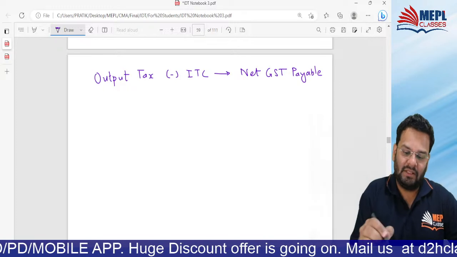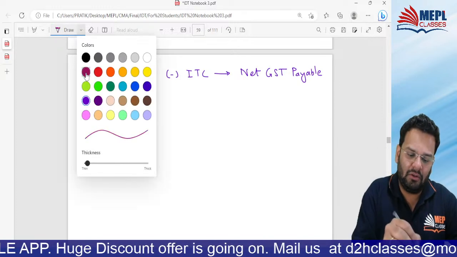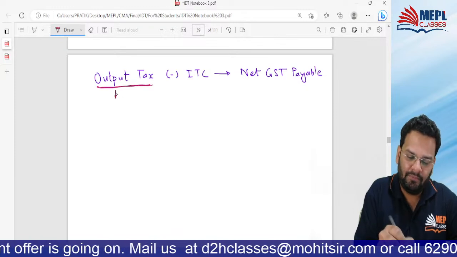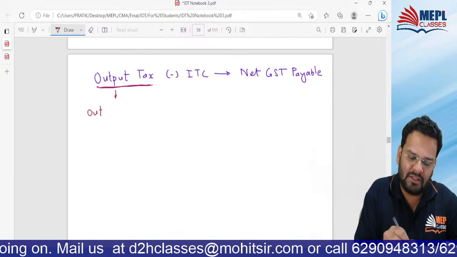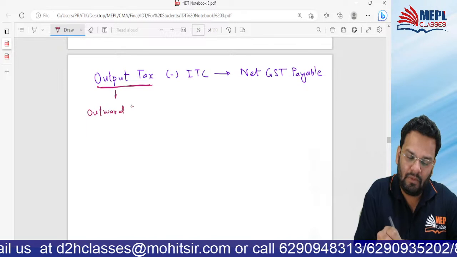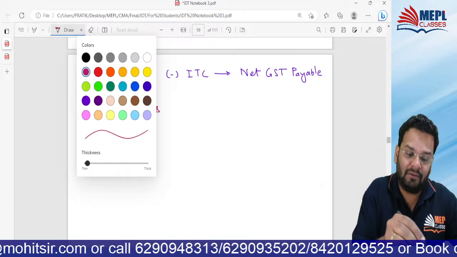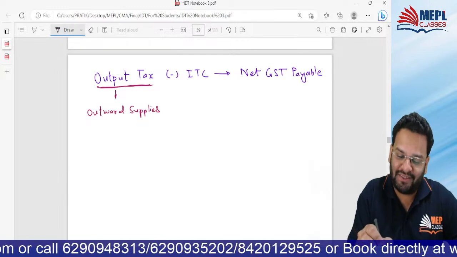Okay. This output tax you will get on outward supplies. Obviously, this you will get on outward supplies. And input tax credit you will get on two things.